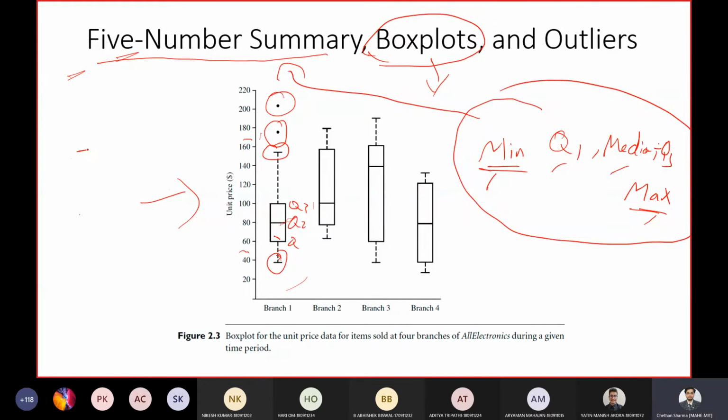You have to know how to calculate IQR, that is interquartile range. So you have to calculate the interquartile range for a given data set, and you have to see what number is 1.5 times this interquartile range for this data set.